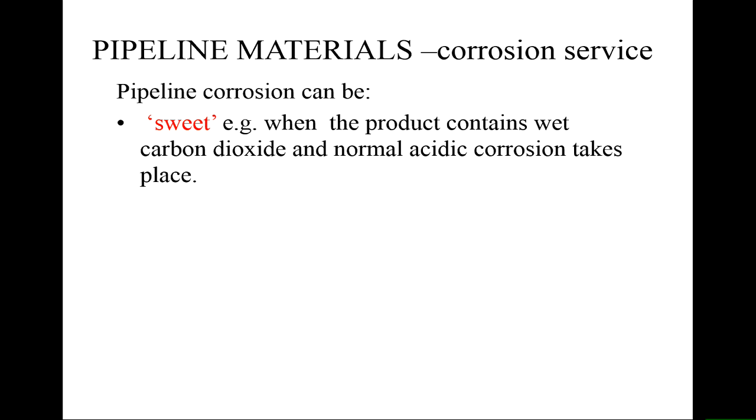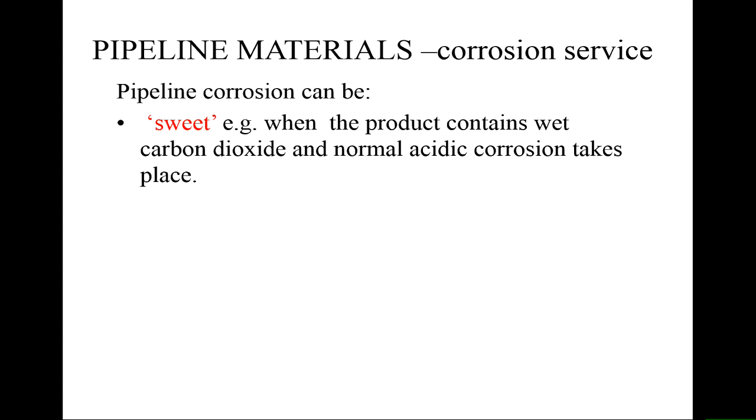So in my simplistic way of looking at things, we have sweet and sour corrosion that we have to worry about. And sweet corrosion is basically carbon dioxide and water, and it's like carbonic acid attacking the surface. And that's relatively benign, but it can be significant if there's a lot of CO2 in the gas, and that is not a problem unless there's water in the environment.